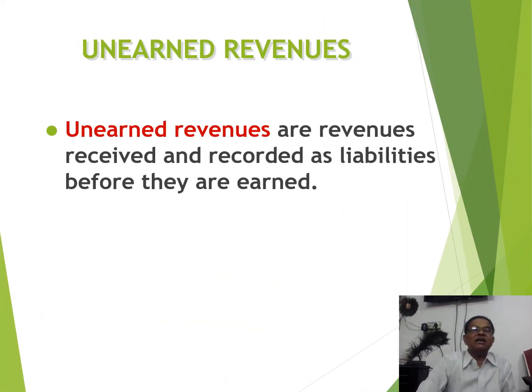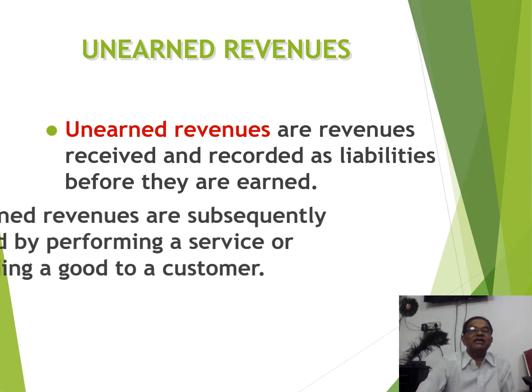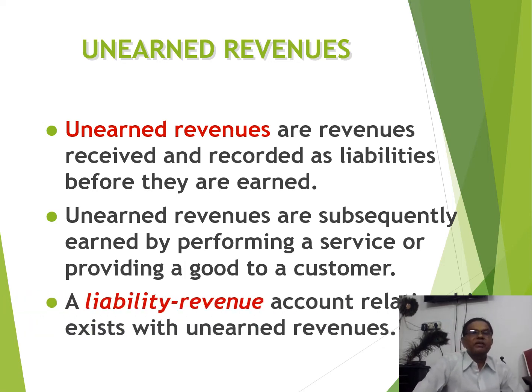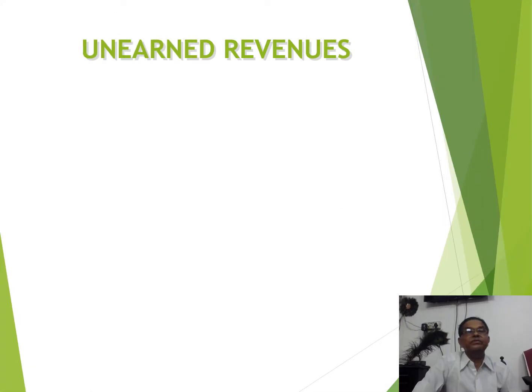Next one is unearned revenue. These are revenues received and recorded as a liability before they are earned. Unearned revenue is subsequently earned by performing services or providing goods to a customer. So a liability-revenue account relationship exists with earned revenue.